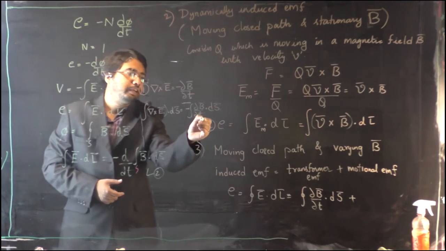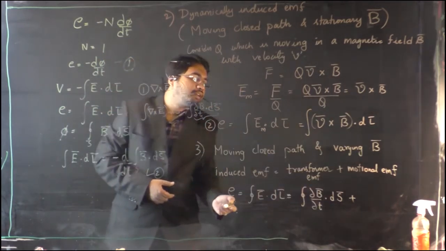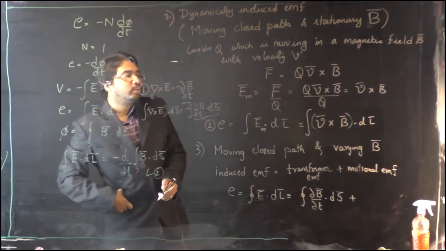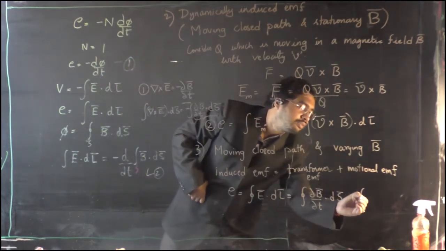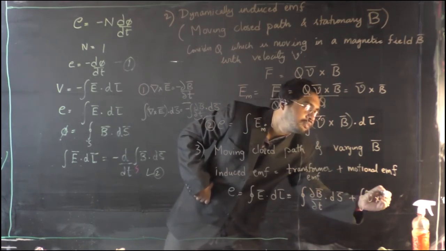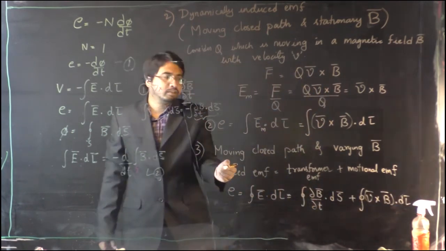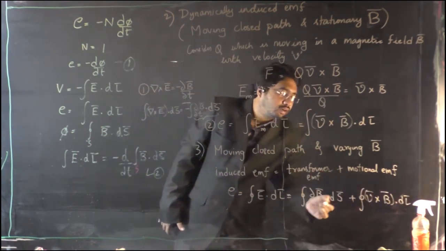So I am writing just the magnitude here, dou B bar by dou T dot ds bar, plus what is the motional EMF? Integral V bar cross B bar dot dl bar.